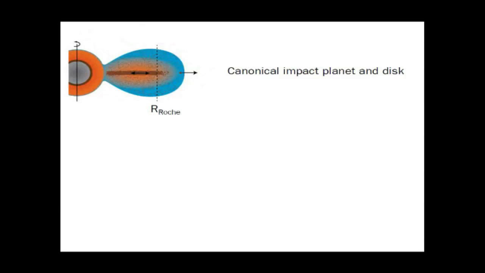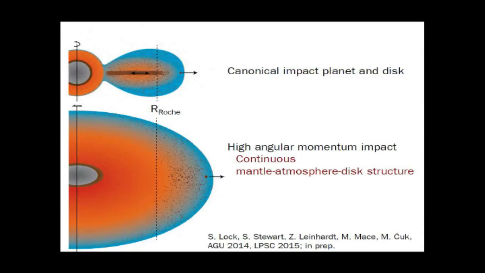Okay. So at the same scale, this is what the planet looks like after a high momentum case. It is a big football, and it is a continuous structure from the deformed core through this hot supercritical fluid mantle into an atmosphere and disk.